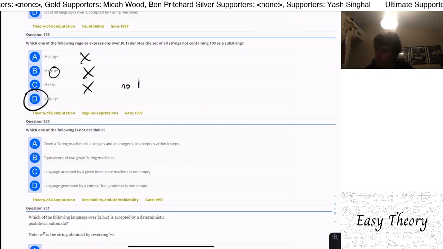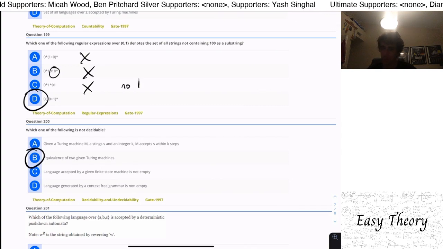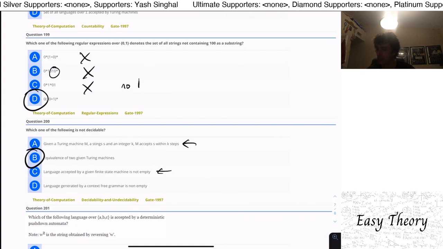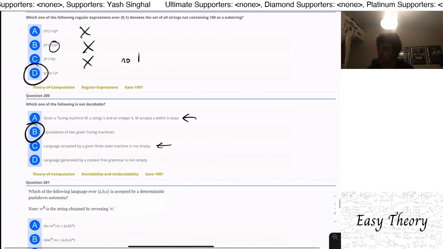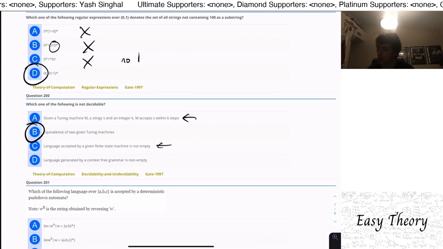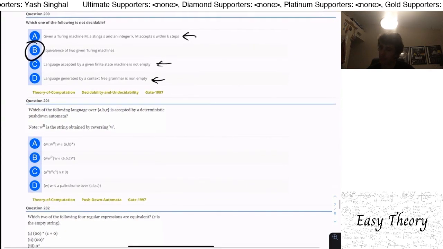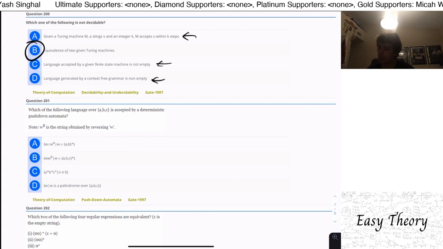Which of the following is not decidable? Equivalence of 2 given Turing machines, that is not decidable. So B is the answer there. This one can be done by brute force. This one can certainly be done because you can just search the DFA for a final state from the start one. And this one is kind of similar to that. Which of the following languages is accepted by DPDAs?